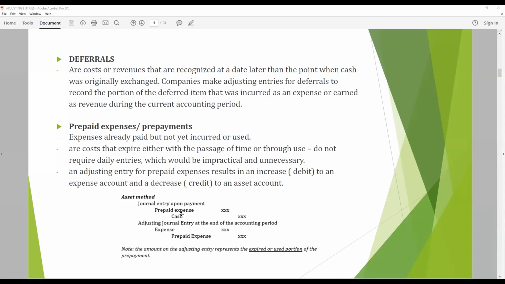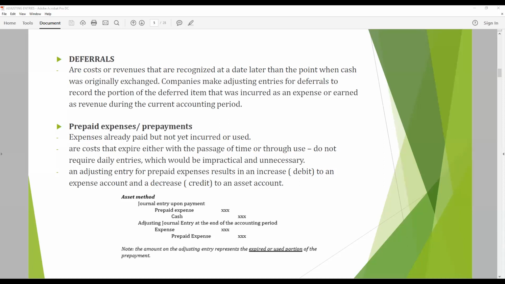So the adjusting entry at the end of the accounting period to recognize the expense portion of that prepaid asset, you will debit the expense and credit the prepaid expense or prepaid asset account. The amount on the adjusting entry represents the expired or used portion of the prepayment.